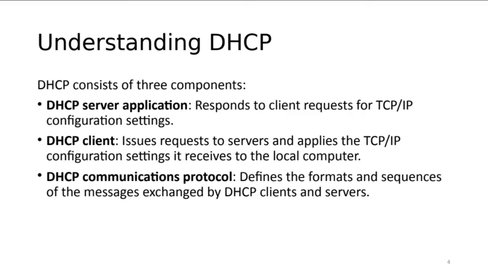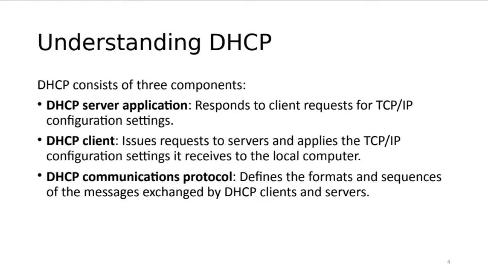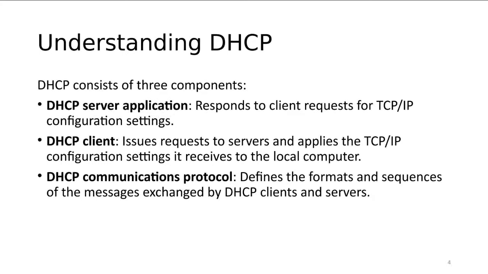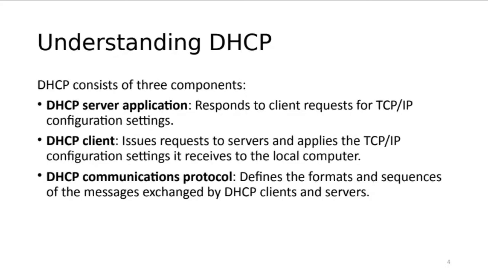The DHCP client is installed on the client computer, and it will request the TCP/IP configuration from the server and apply it to the client. Then we have the DHCP communication protocol, of course. This defines the format and sequences of the messages exchanged by DHCP clients and servers.